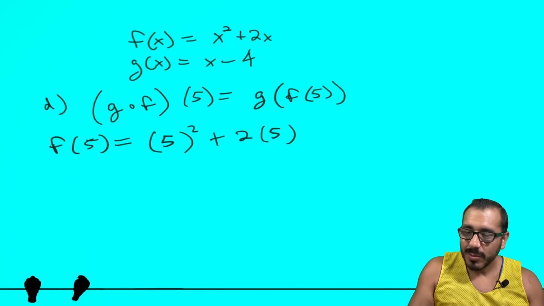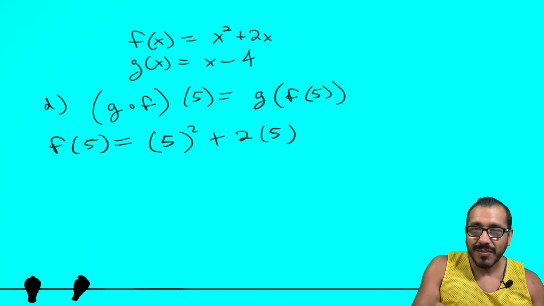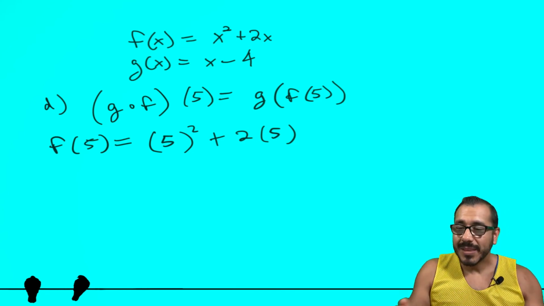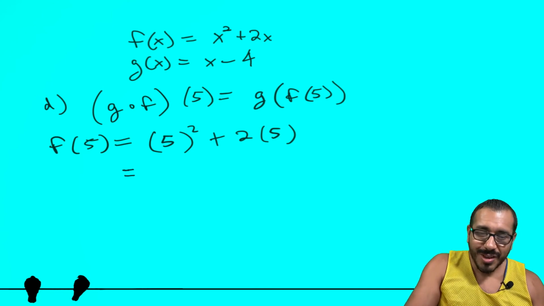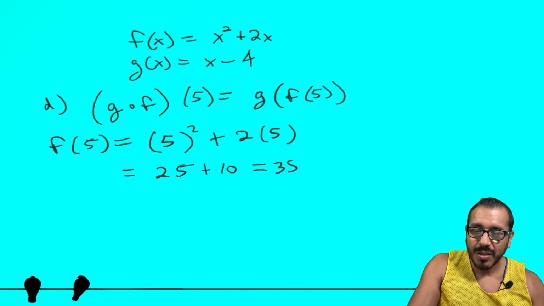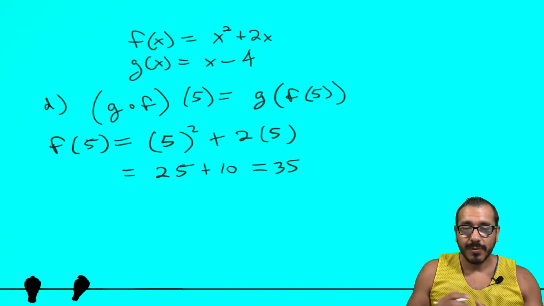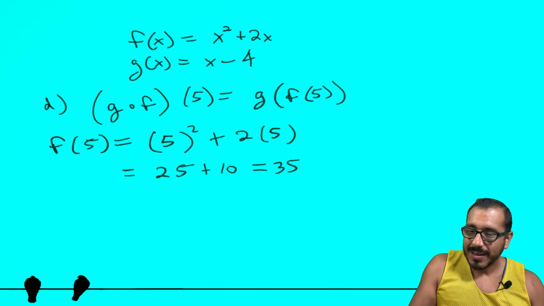All I'm doing is, wherever I see that function f, we plug in 5. Now let's evaluate this. We get 25 plus 10, which is 35. What do we do with that 35? Let's rewrite this.